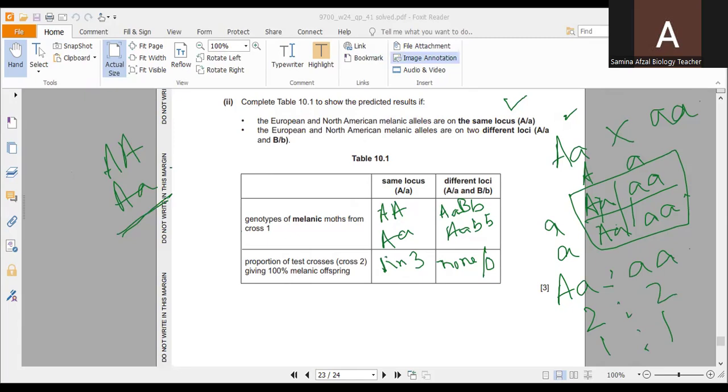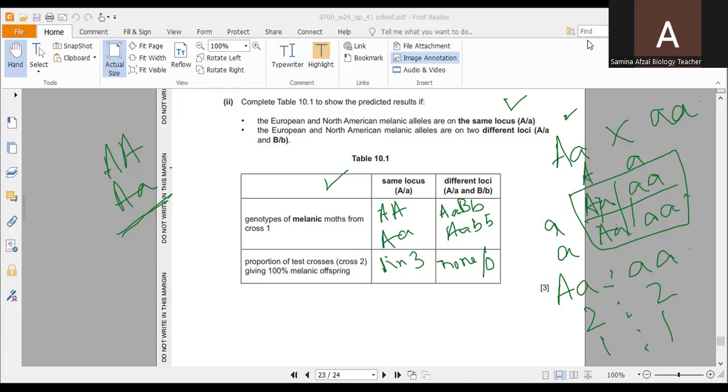So in this way, let me explain this table as well. First of all, I would like to go with the same locus. So the genotypes of the melanic moths from cross 1. In this scenario, you can see the same locus, the genotypes of melanic moths from cross 1 are capital A, capital A, capital A, small a, small a.